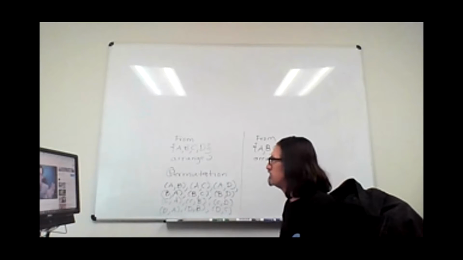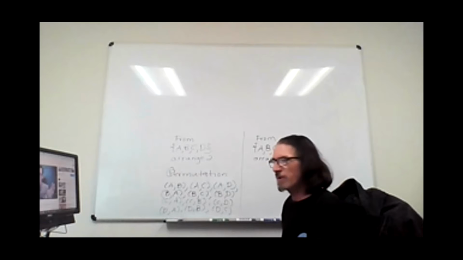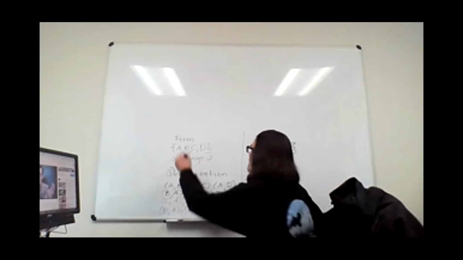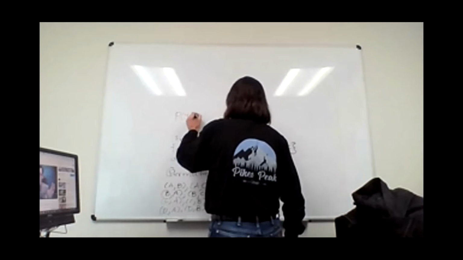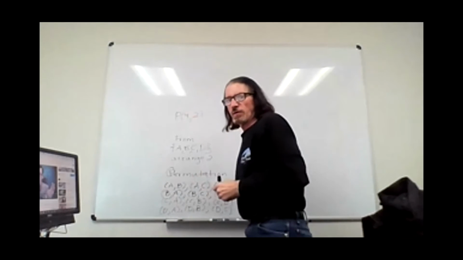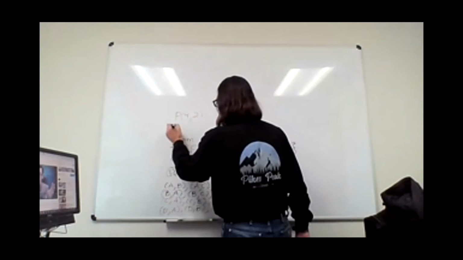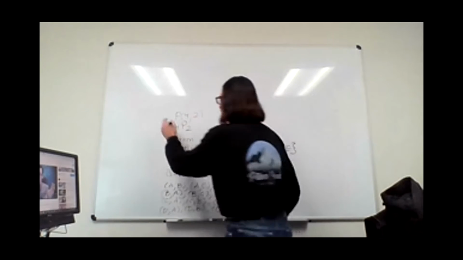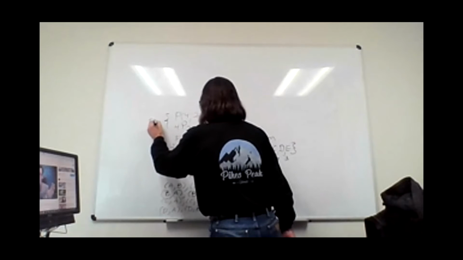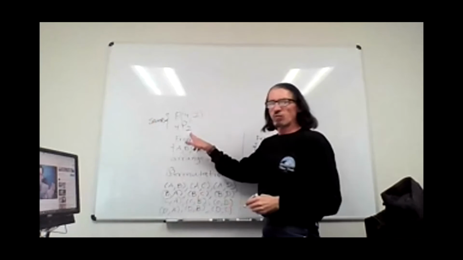Like the multiplication principle, some books use P(4,2), 4 comma 2. Other textbooks use 4P2. They are the same. This is what we find on the TI-84.